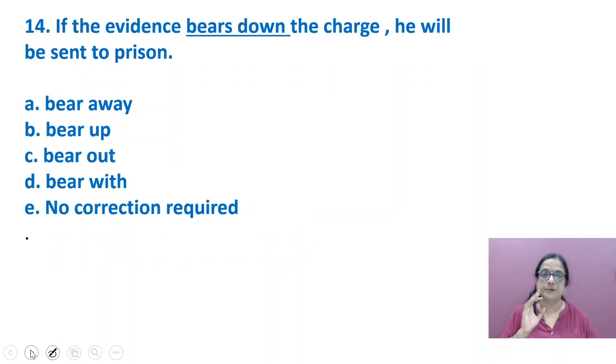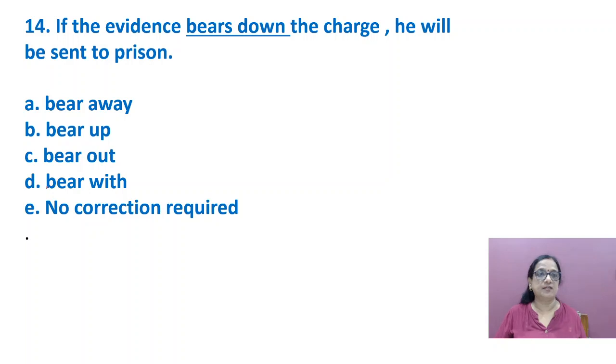If the evidence bears down the charge, he will be sent to prison. So, evidence means what? Some kind of proof, which is disclosed. Suppose a person who has done wrong, it is disclosed, then he will go to the prison.